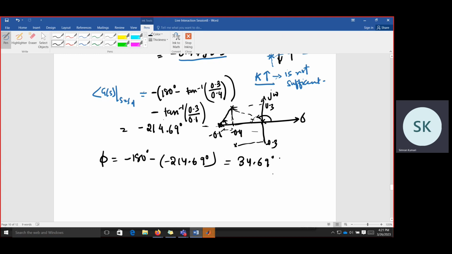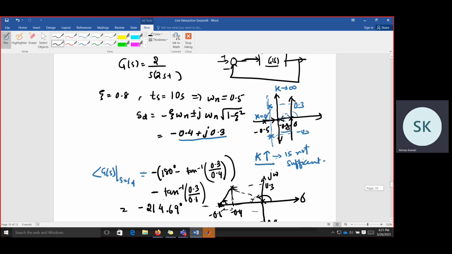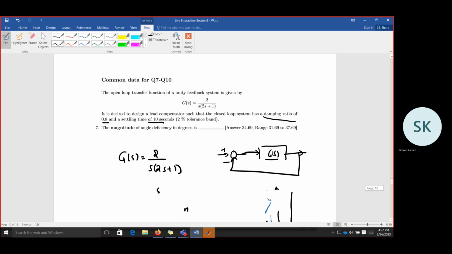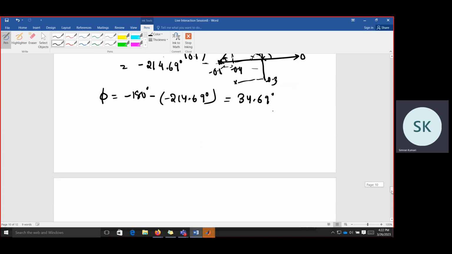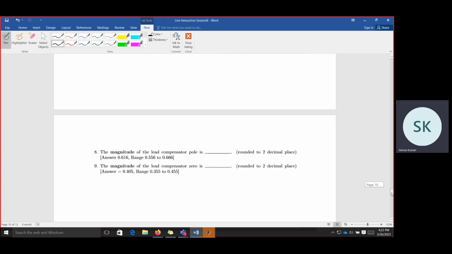So this much phase lead has to be contributed by this lead compensator. So this we know. What is the question being asked? This angle deficiency. Okay, we have found it, this is 34.69 degrees. Now I will proceed to the next part. We will complete this whole lead compensator design through this question.